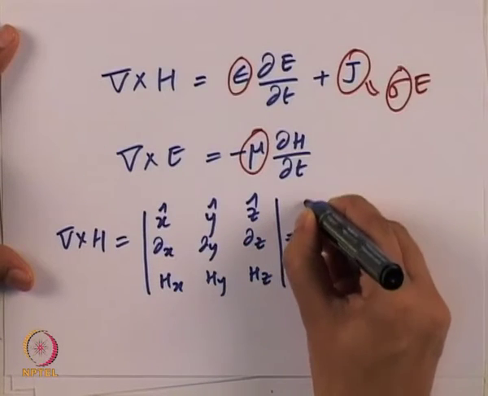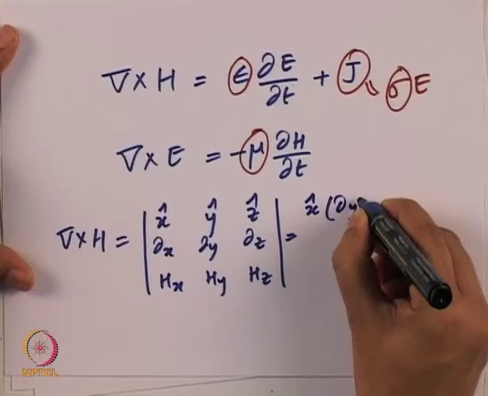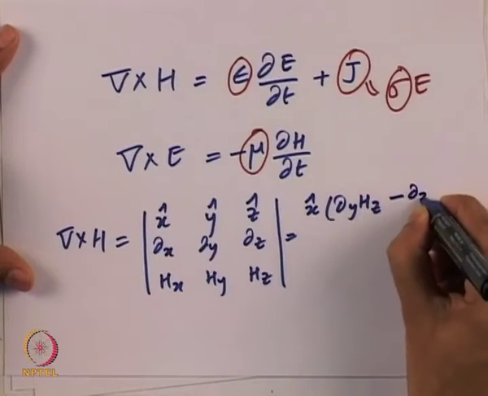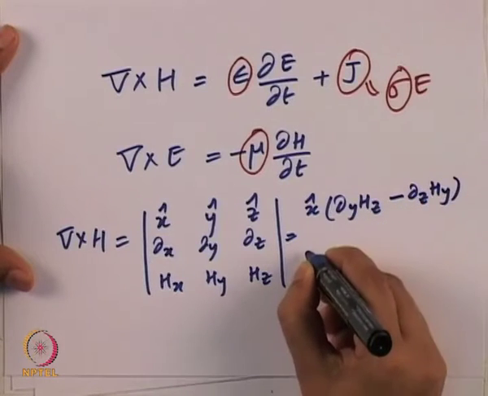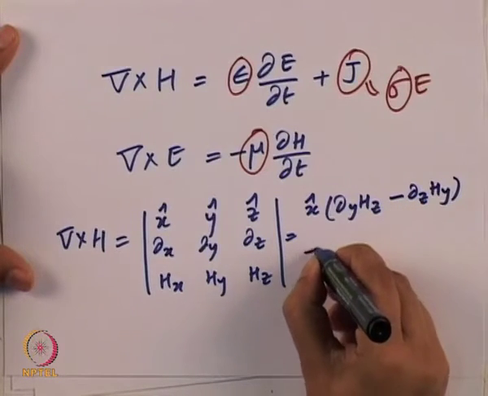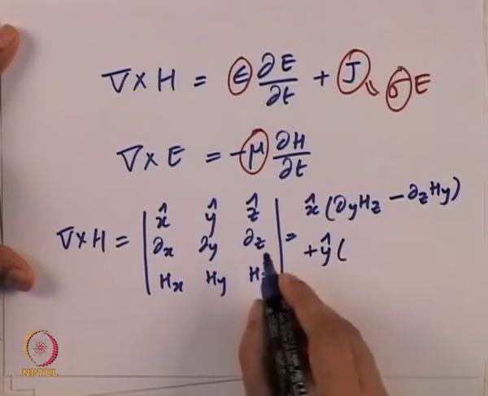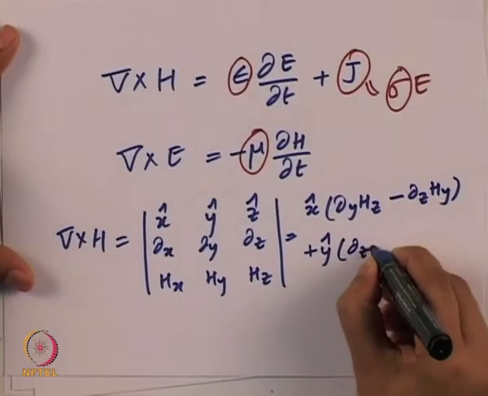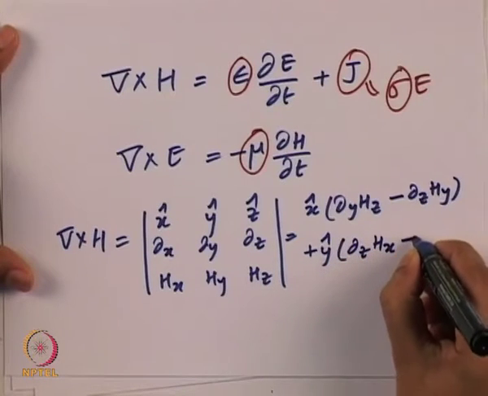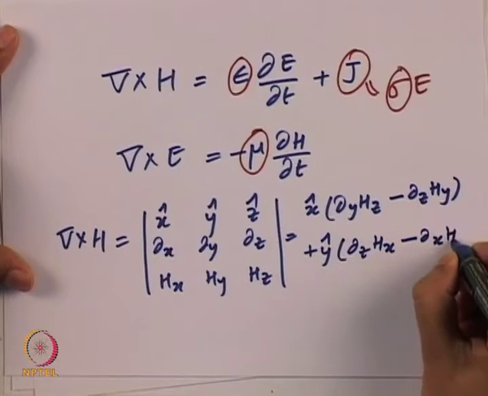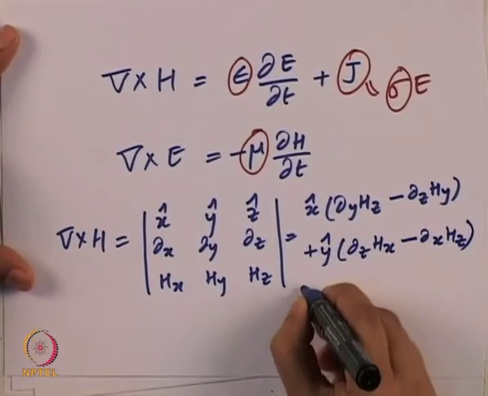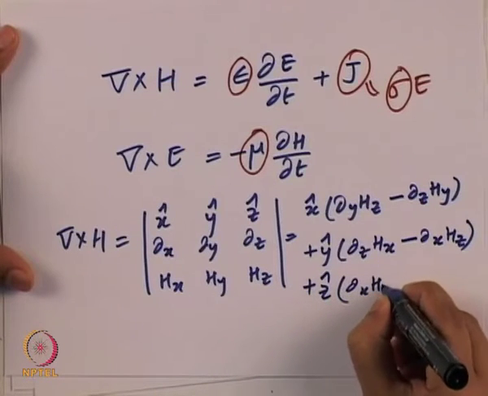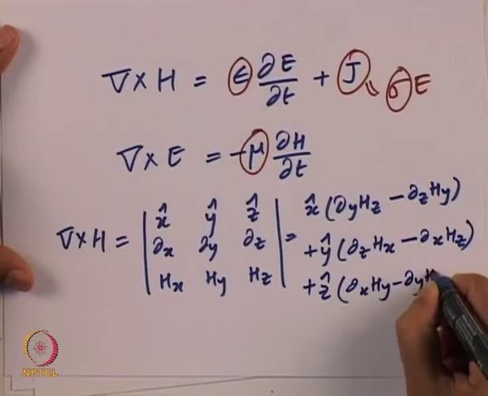The x component is going to be written as dou y Hz minus dou z Hy, and similarly the y component, where I am going to switch the sign, is going to be dou z Hx minus dou x Hz, and the z component is going to be written as dou x Hy minus dou y Hx.